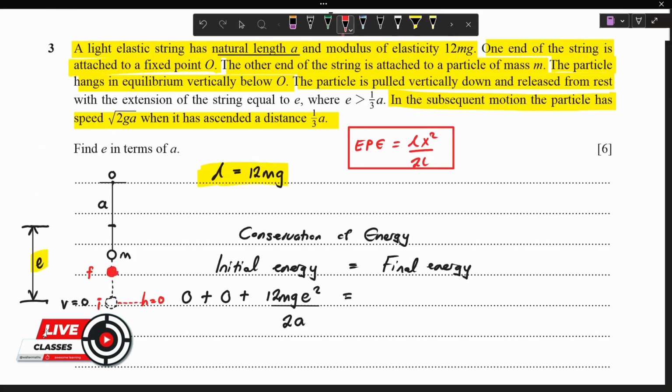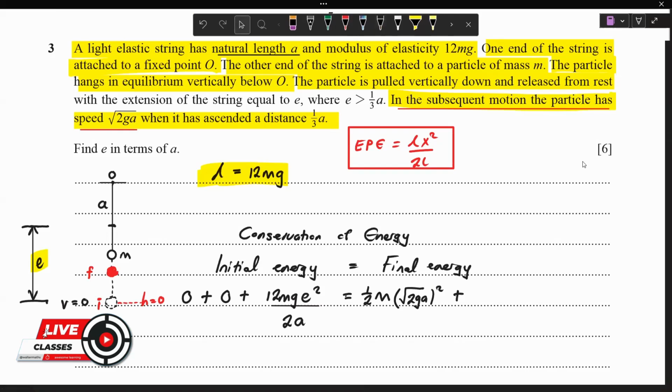And at the point F, we have been told that in the subsequent motion, the particle has a speed of the square root of 2GA. So the final kinetic energy is going to be half times the mass of the particle, which is m, times the speed squared, so root 2GA squared. That's going to be plus.